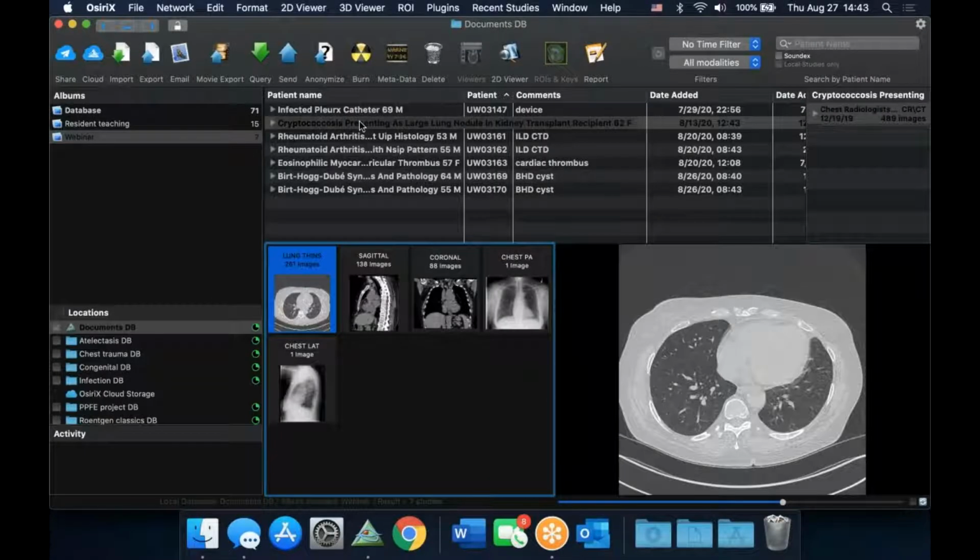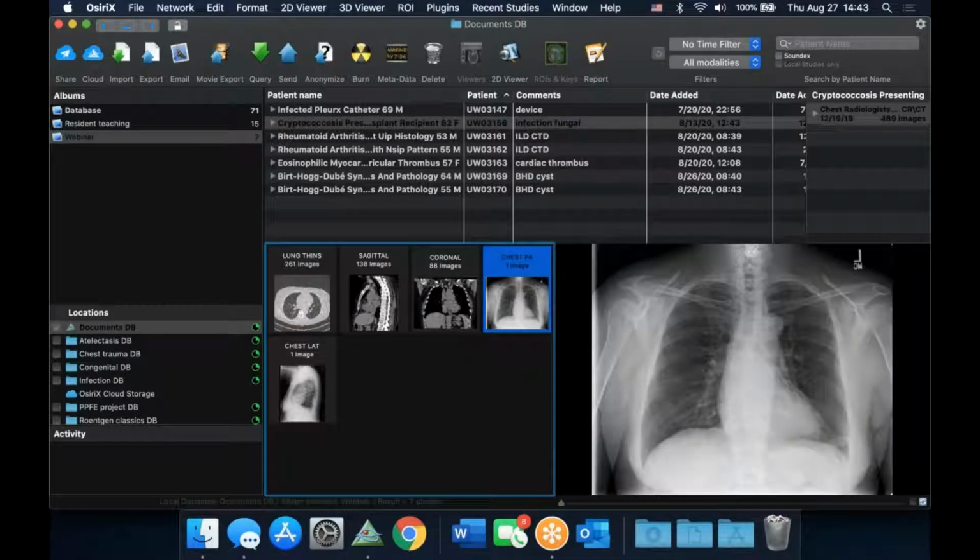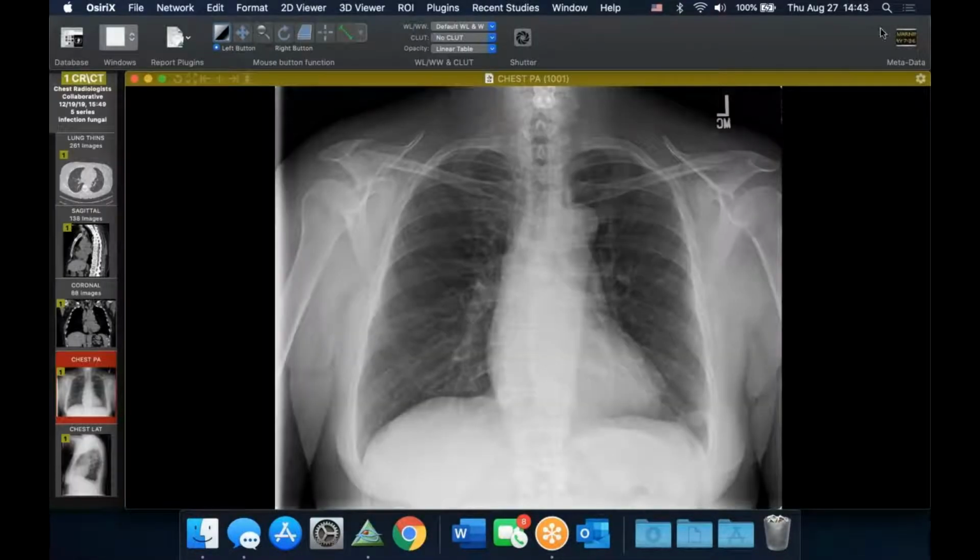There we go. So this is a 62-year-old female who was a kidney transplant recipient. She was several years out, and presented, I don't remember the exact reason, I think a routine clinic visit or something. She may have had a cough, but was not acutely ill, and has this nodule here on the frontal radiograph.